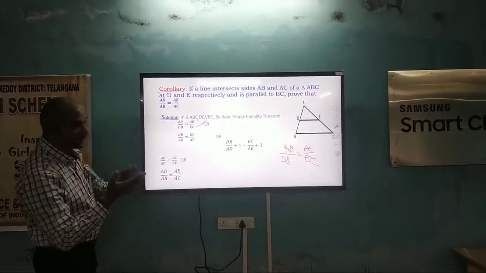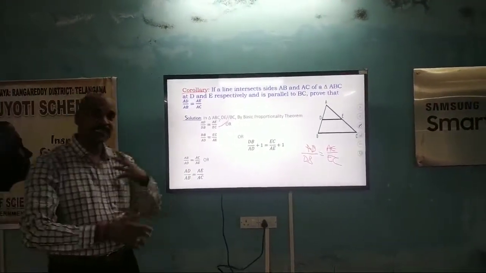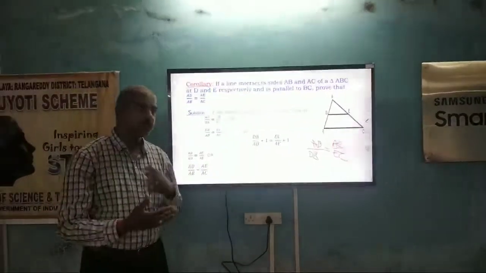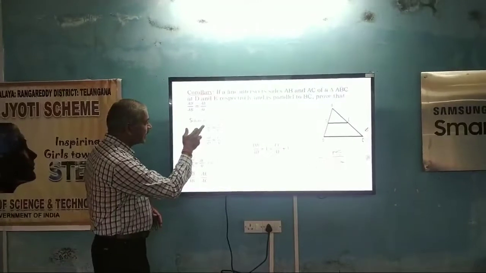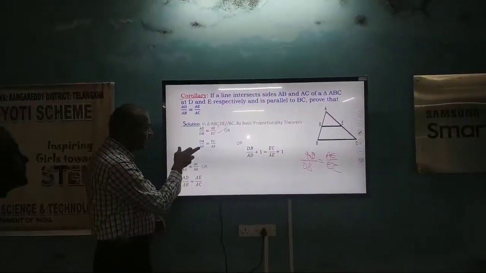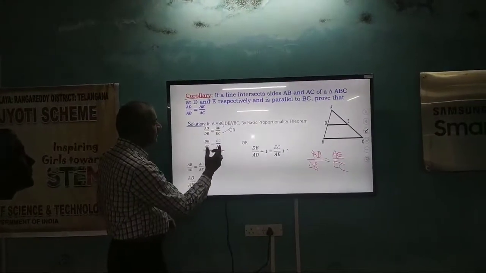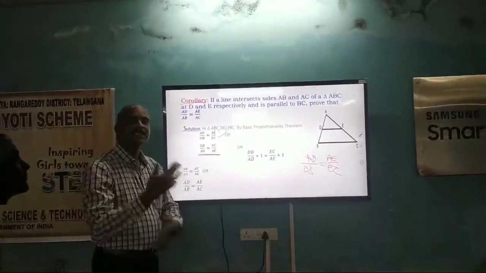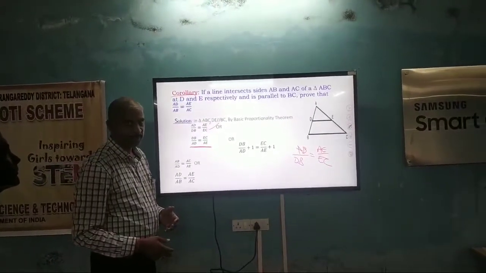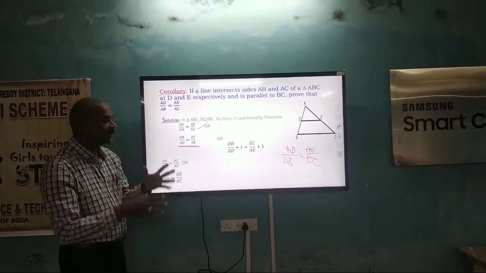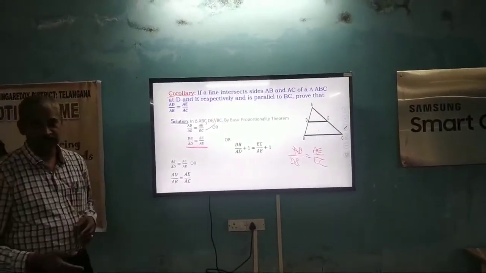Now if you take the invertendo, then AD by DB is equal to AE by EC becomes DB by AD is equal to EC by AE. We just take reciprocals. The reciprocal of this fraction and the reciprocal of this fraction are also equal. We call it invertendo.